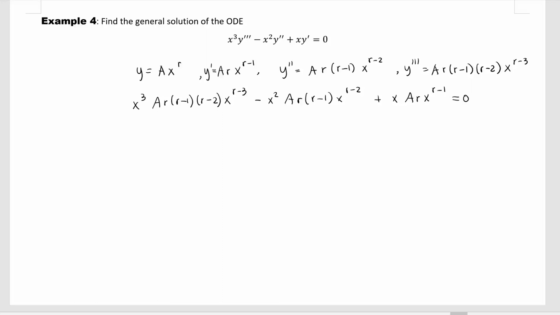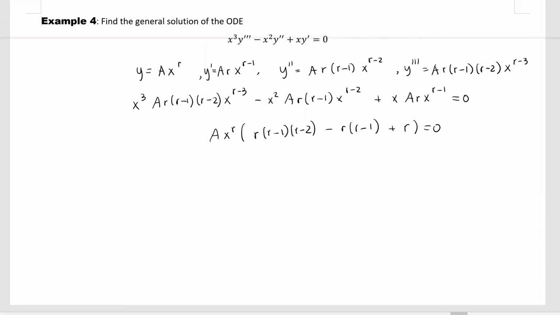That equals 0. So you can see when we combine, all the terms have an x to the r. So we factor it. What do we get? We get r (r minus 1)(r minus 2) minus r (r minus 1), and next we have plus r. So far so good. So this is the characteristic equation to our problem.